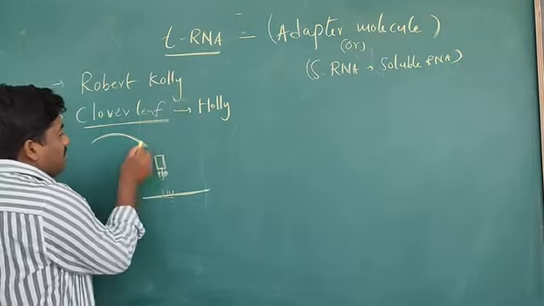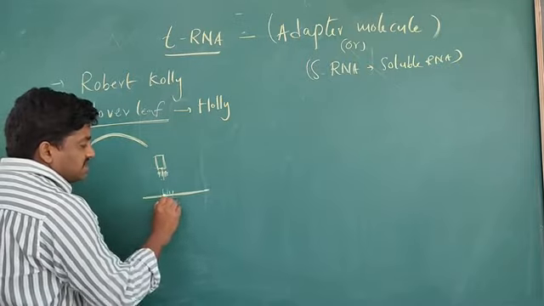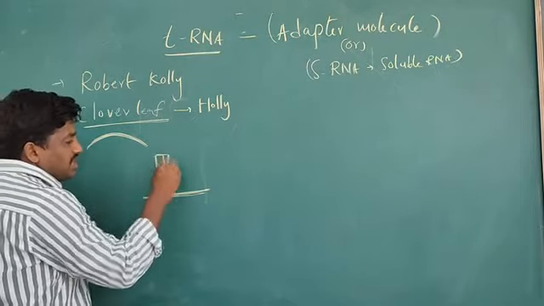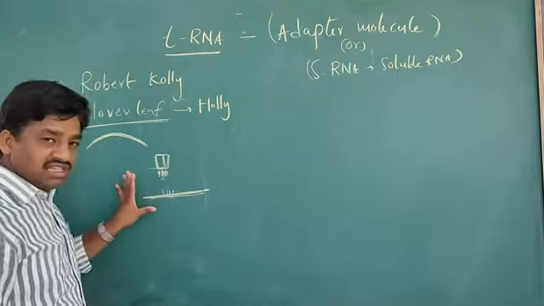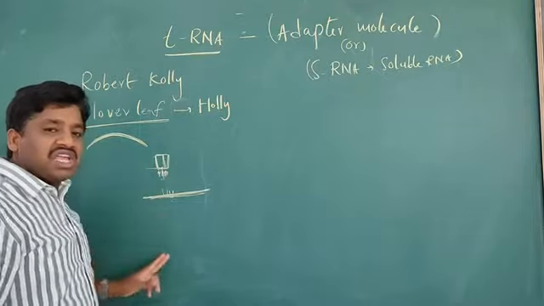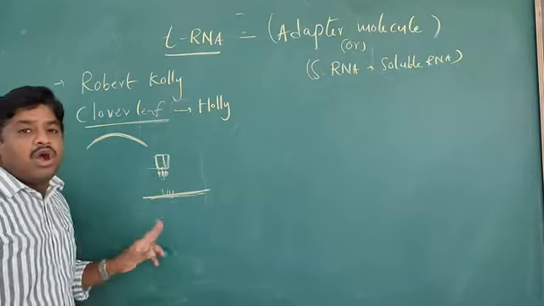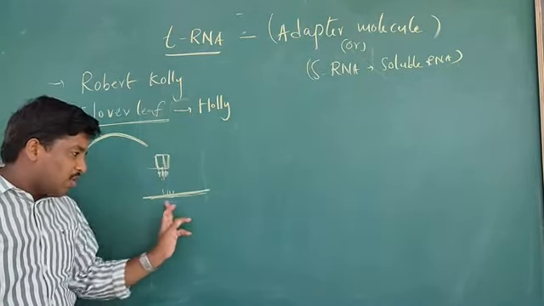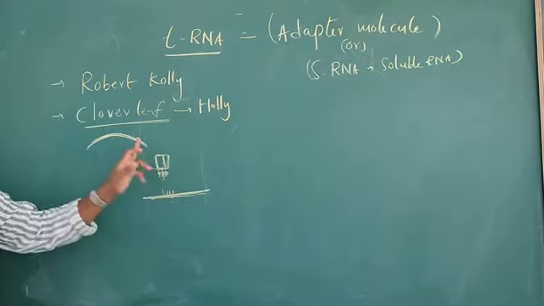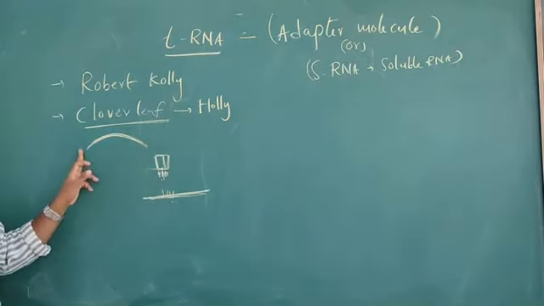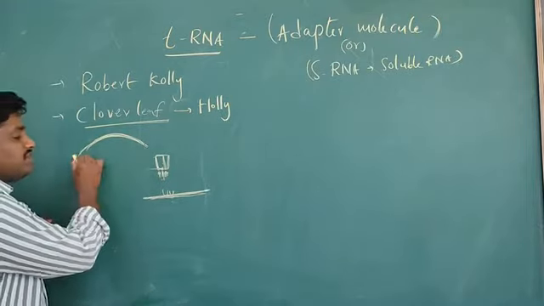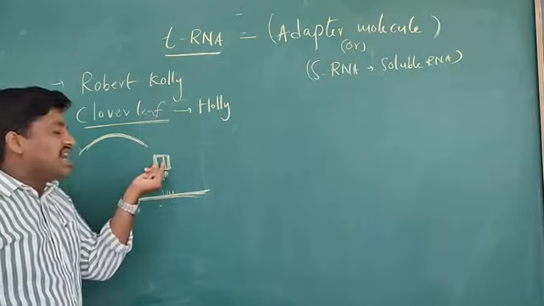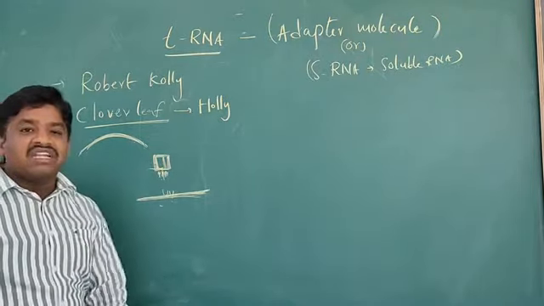So polypeptide chain formation happens here, and the tRNA binds to the mRNA. Here the tRNA acts as an intermediate link, which I will show clearly in the translation mechanism. It acts as the main intermediate link: between the reading of codons on mRNA and the formation of amino acids for proteins, that is, polypeptide chain formation, the tRNA is present. That is why it is the intermediate link.